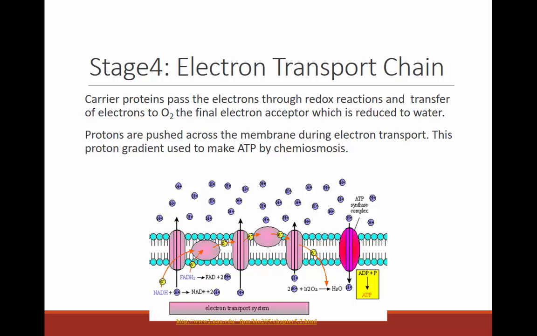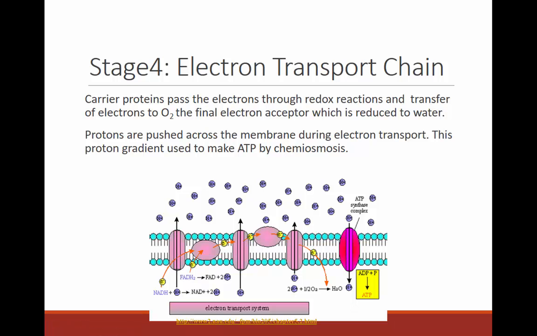So, have you heard of cyanide? Yes? Cyanide actually blocks this part here. So it blocks that final complex, and so you don't have that transfer of electrons to that last acceptor, the oxygen, and therefore, if that doesn't happen, then you don't get ATP being produced.